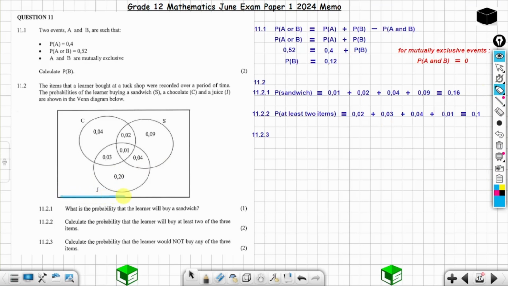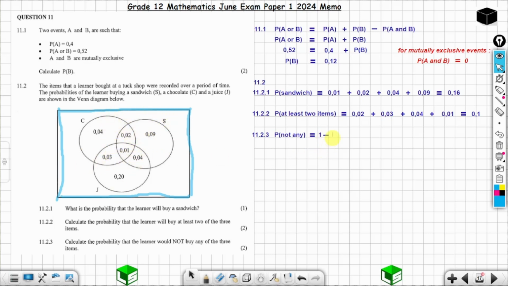The total is 1. So the probability of a learner not buying any item is equal to 1 for the total minus everything that you have in the circles.